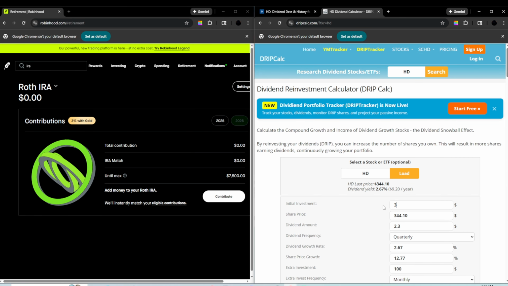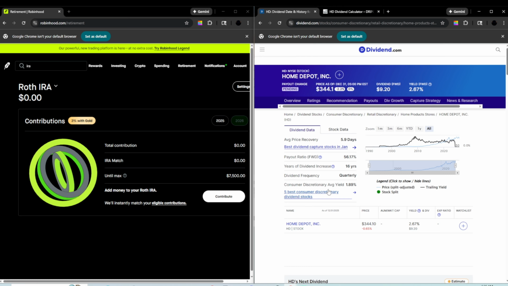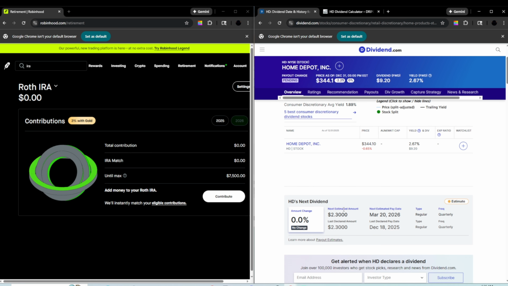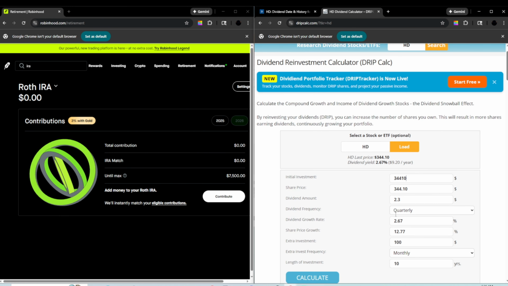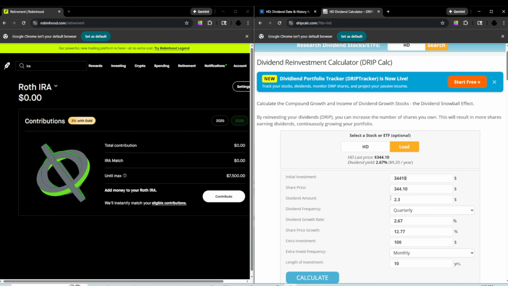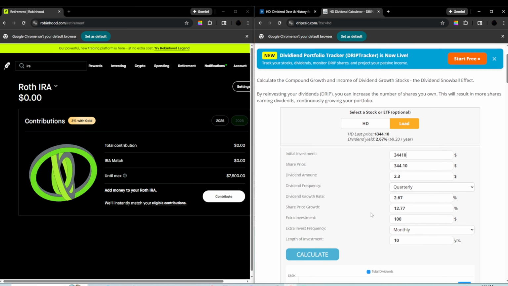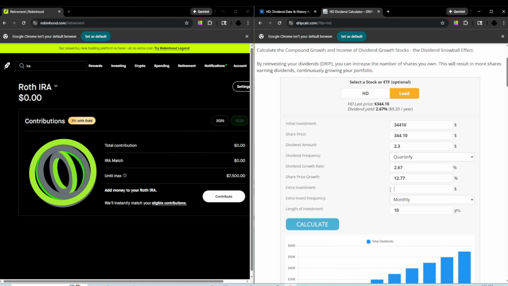That's $34,410. Make sure our quarterly is correct. So let's go back here. It's at $2.30 per quarter. That's correct. So we're getting $23 per quarter.